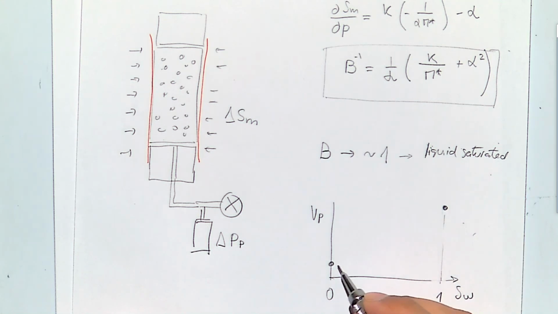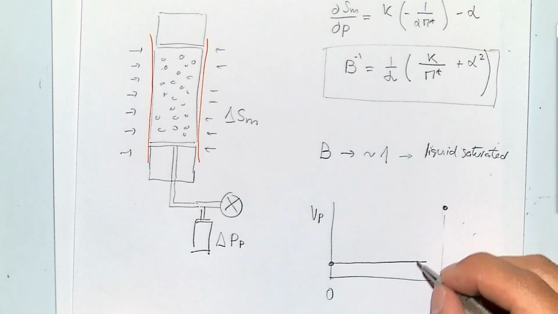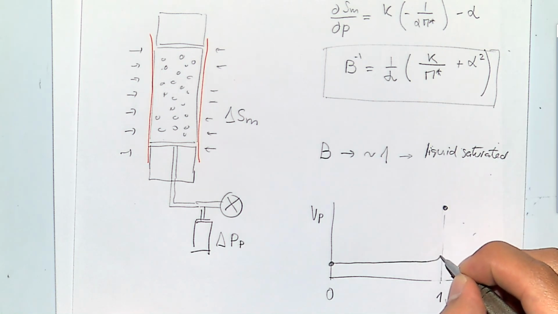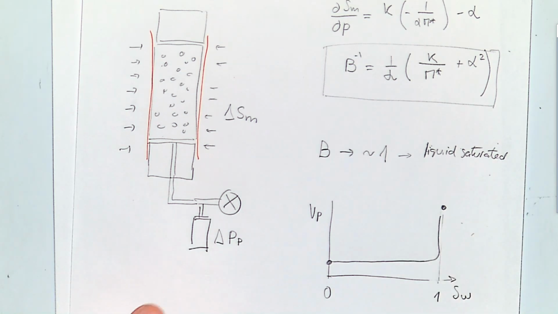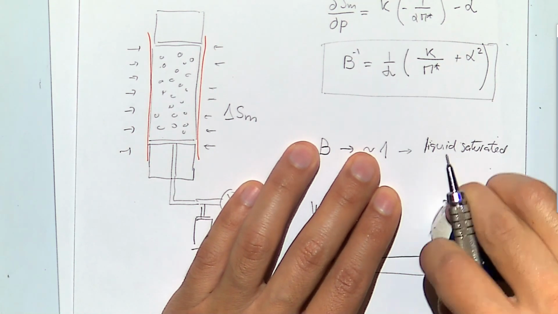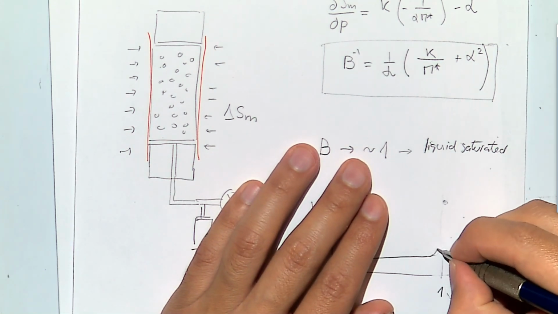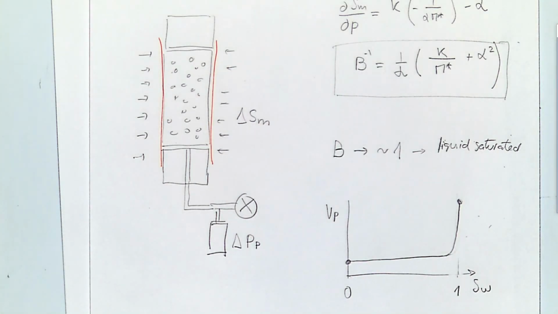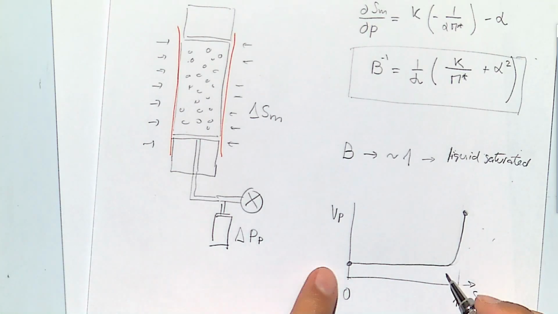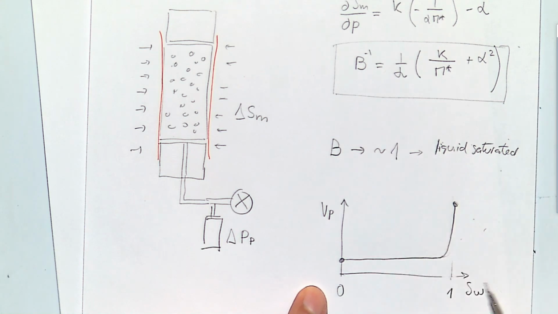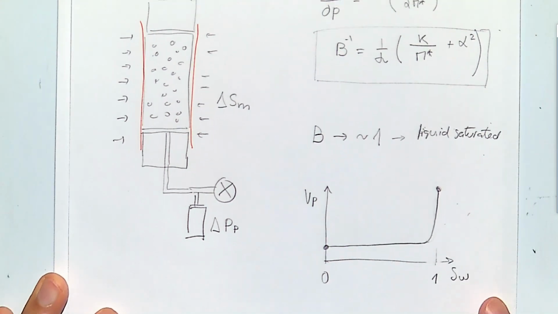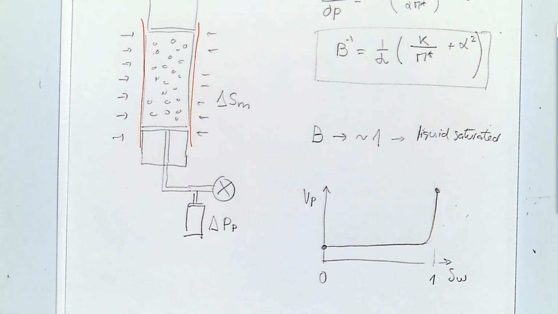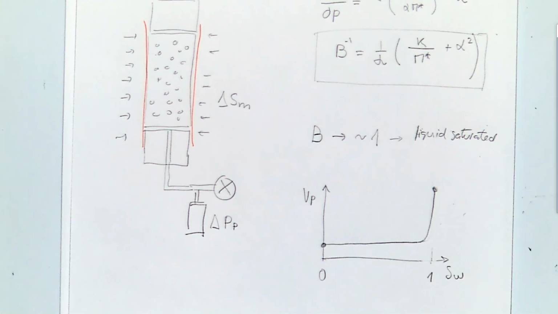And this curve is something like this. It doesn't really pick up until you get very close to saturation of an almost incompressible fluid. So anywhere you are in between, before 100% saturation, your P wave velocity is going to be very low, and your geophysical measurements are not going to be good.